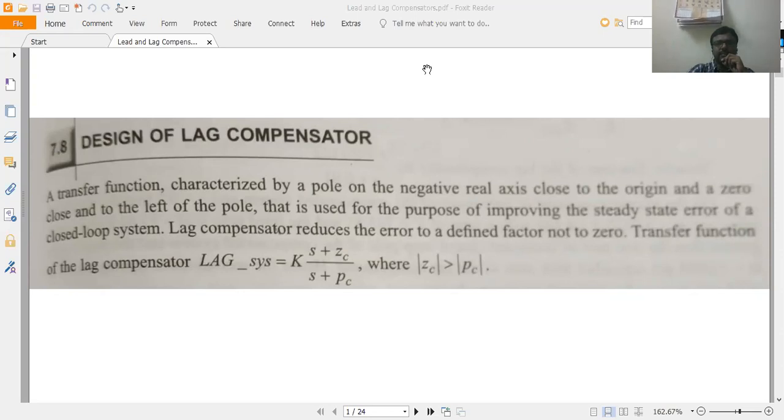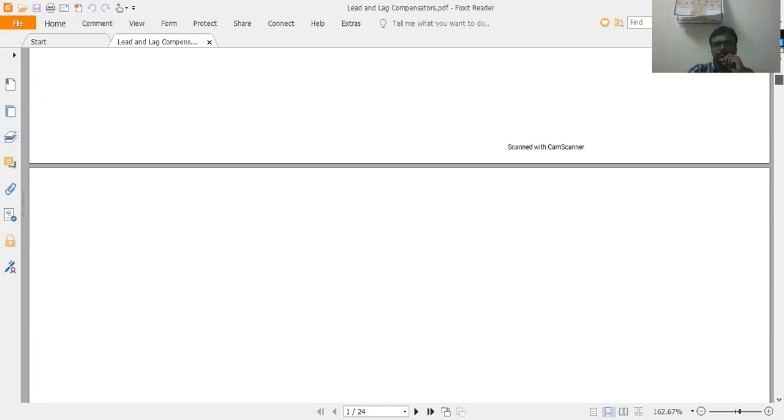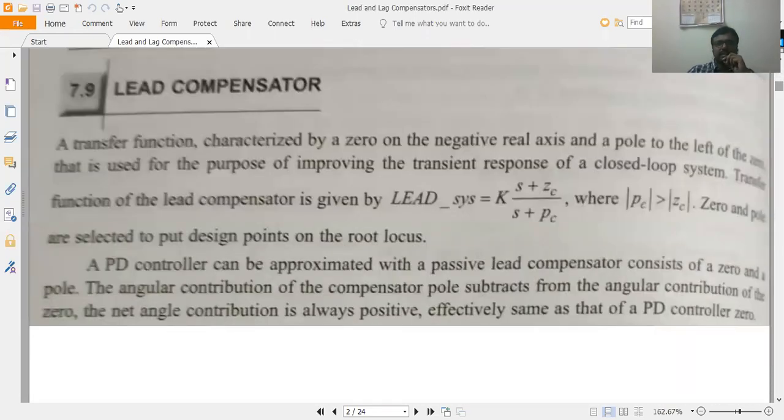Similarly, for the lead compensator, a transfer function which is characterized by the zero on the negative real axis and the pole on the left hand. In this one, if you consider a zero, it should be nearer to the origin and the pole should be far away from the origin.